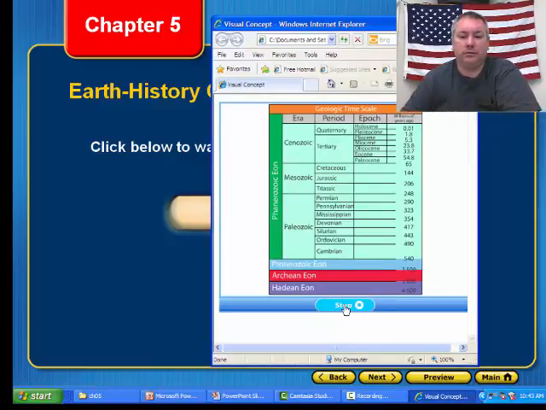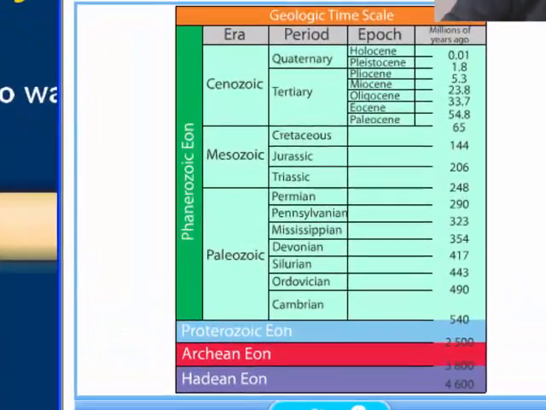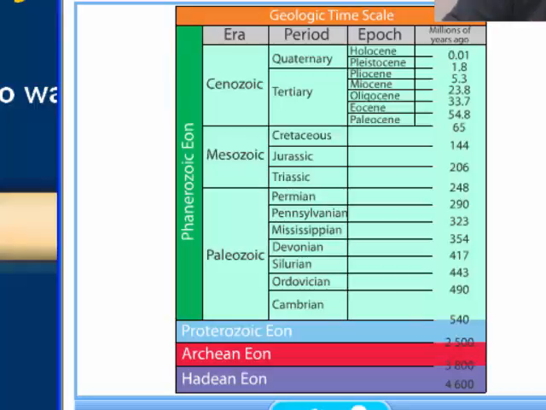Here we go. The 4.6 billion years of Earth's history are represented on the geologic time scale. The geologic time scale is divided into four eons: the Hadean, the Archean, the Proterozoic, and the Phanerozoic. These eons are further divided into smaller periods of time.